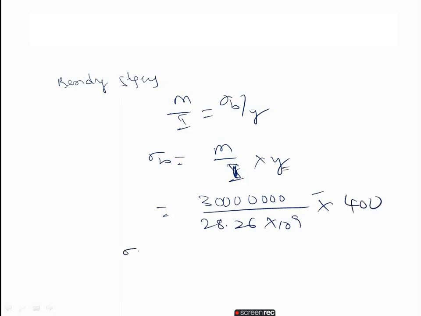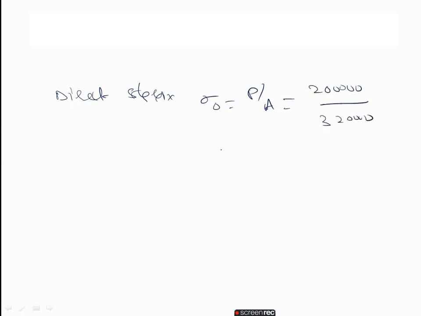Once you calculate sigma b, you will get 0.424 Newton per mm square. Same like this, calculate the direct stress, that is sigma naught equal to P by A, that is 200,000 by area 320,000. You will get the answer 0.625 Newton per mm square.